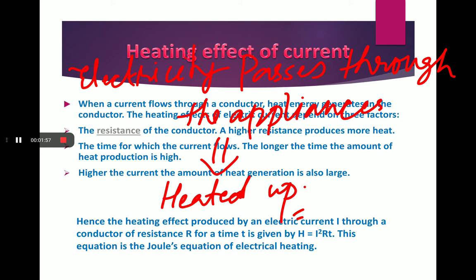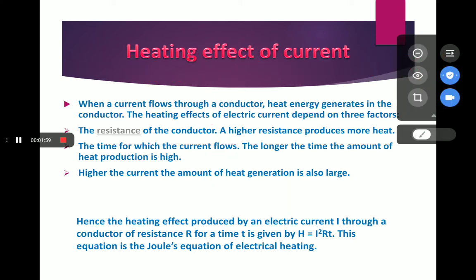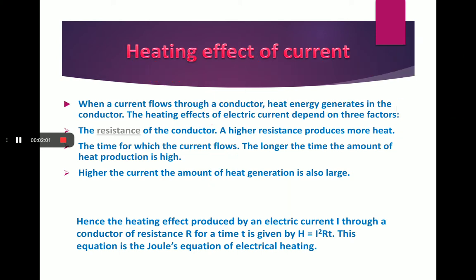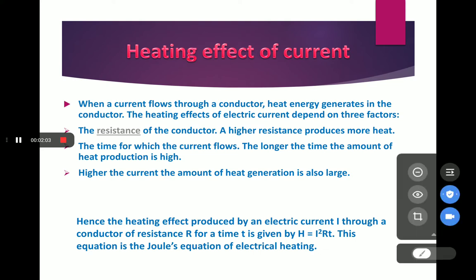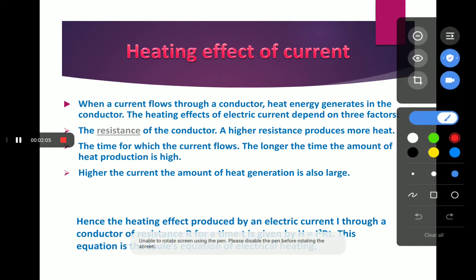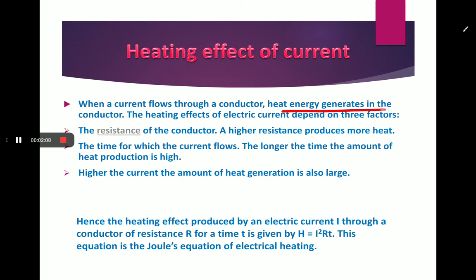Here, it is also written that when a current flows through a conductor, heat is generated in the conductor. The heating effect of electric current depends on three factors. First, the resistance.